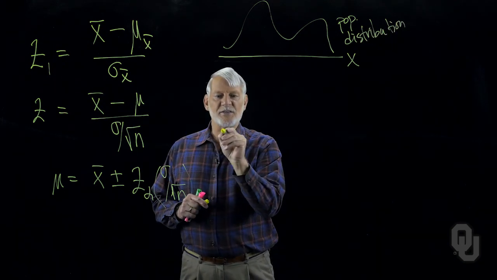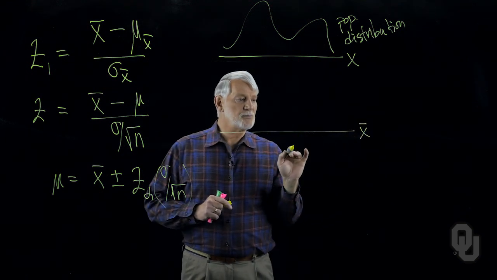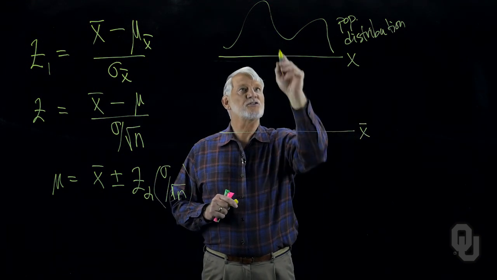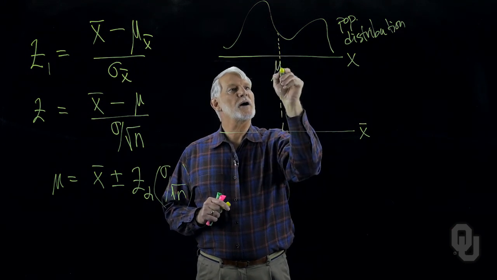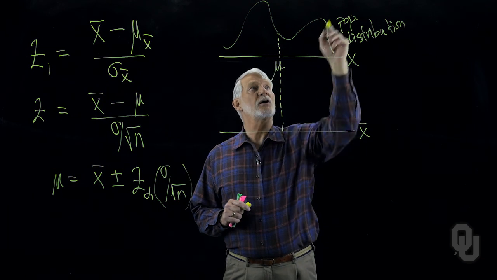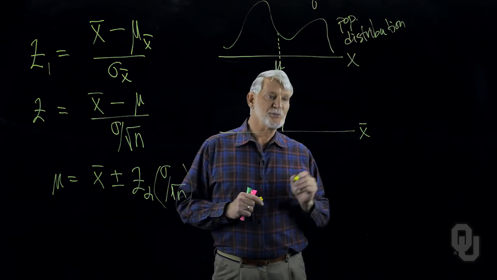Now, the central limit theorem tells us that the sampling distribution of the population is normally distributed. So here's the true population mean, which of course we'll never know. Here's the true population standard deviation, which of course we will never know.